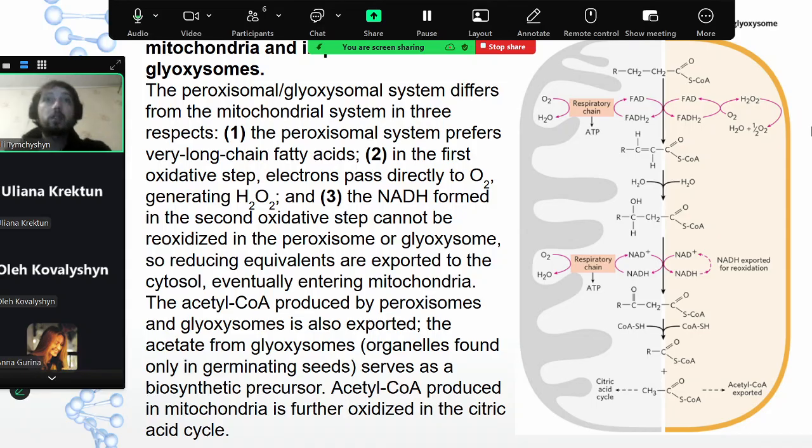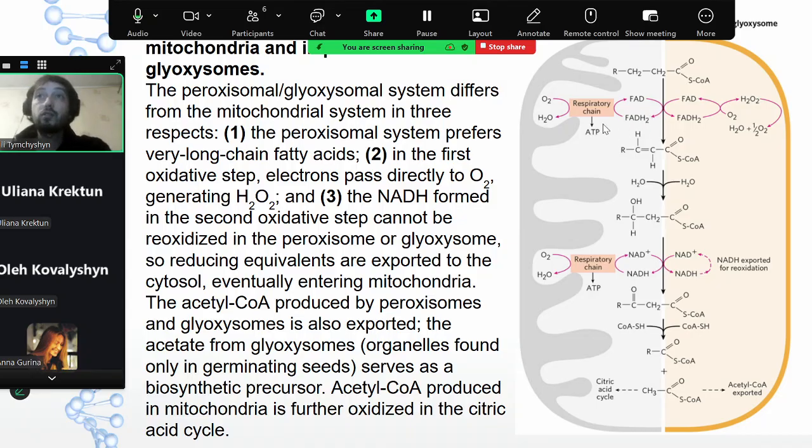These systems differ in three aspects. First of all, the peroxisomal system prefers very long chain fatty acids. Second, in the first oxidative steps, electrons pass directly to oxygen, generating hydrogen peroxide. Here you see on the left the mitochondrial pathway. We are generating FADH2.